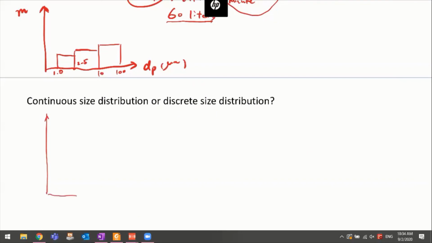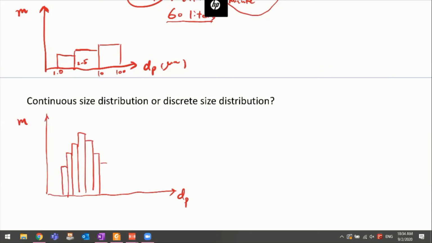So what that means is that we're going to get a size distribution that looks a lot denser. Let's say this is the particle size, mass. We can get something, let's say, that looks like this. All right, we have different stages, and this mass concentration here will come from stage 2, right?